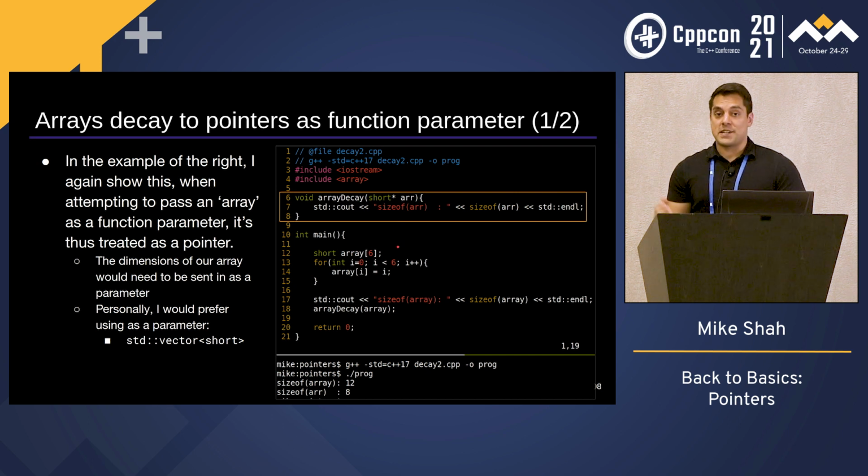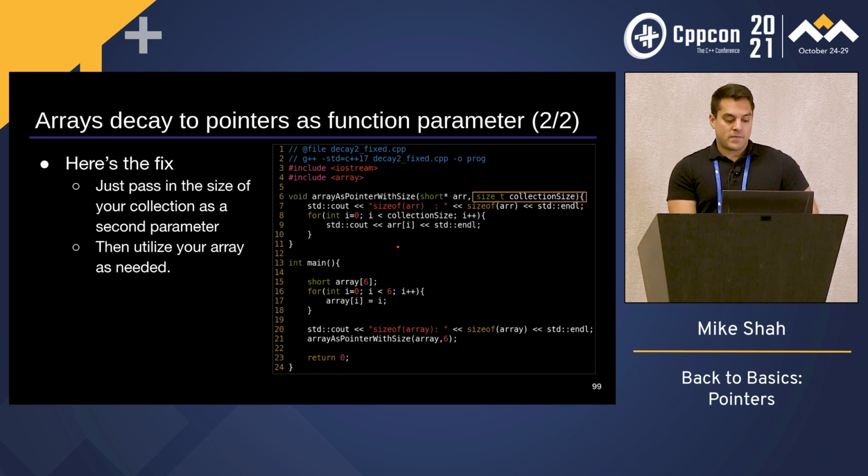How many elements can you iterate through? So this is one way to do it, is to just pass the size of your collection as a second parameter. And then you can utilize your array as needed. And you'll see this very frequently if you've done any C programming prior to your C++ or after, where you pass in the size.